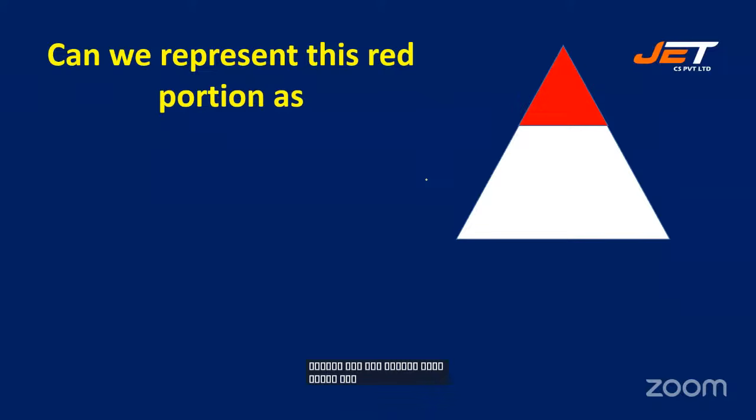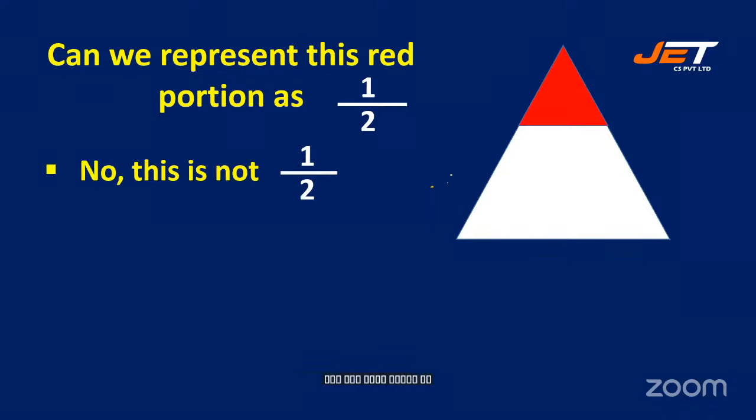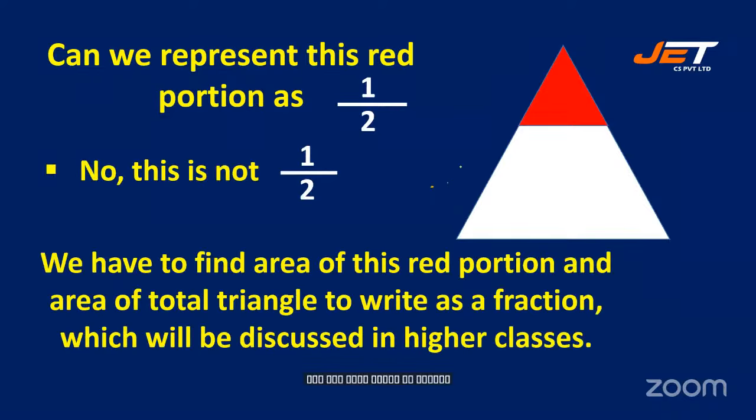Now, can we represent this red portion as 1 by 2? No, again, because it should be equal, isn't it? It's not equal. We have to find the area of this red portion and the area of the total triangle to write it as a fraction, which will be discussed in higher classes.